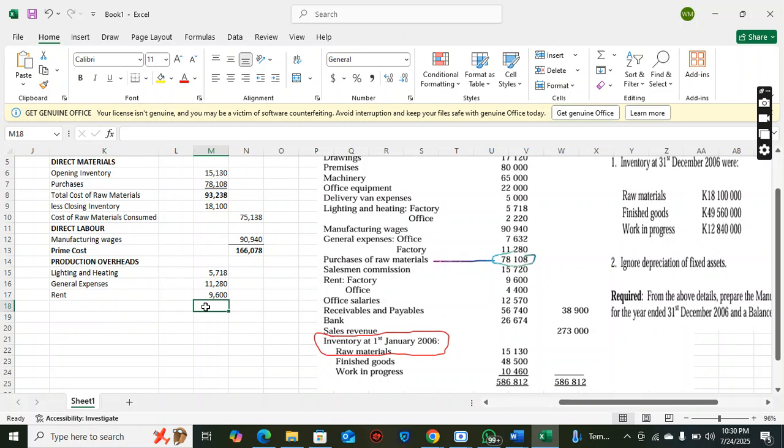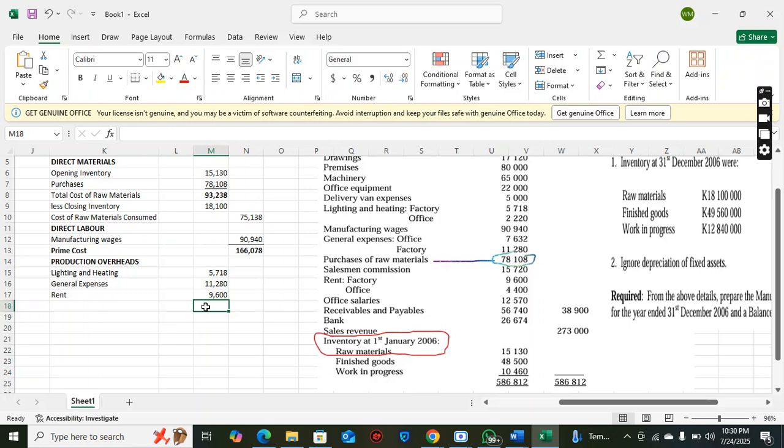Is that okay, Mr. Kasono? So, colleagues, take note of this.